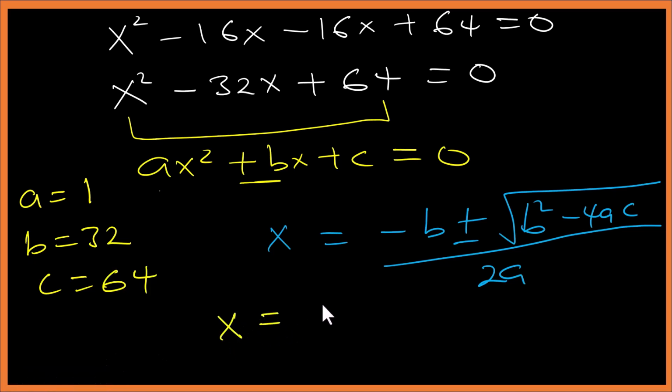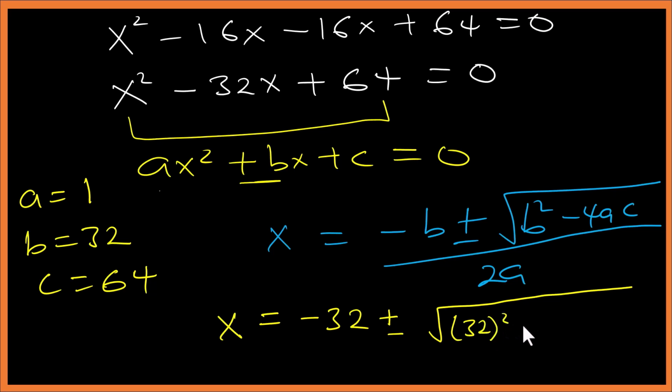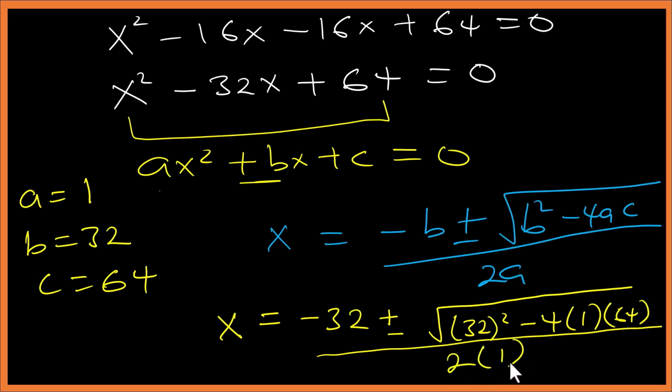All right, so let's start by doing the substitution. Minus b: b is minus 32, so minus minus 32, plus or minus the square root of b squared, so we have 32 squared minus 4 times a, which is 1, times c, which is 64, all over 2 times a, that is 1.